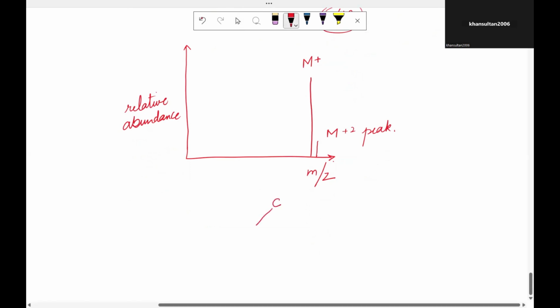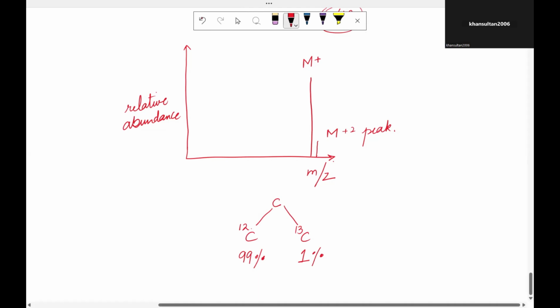You can see that one carbon has a peak of 12. Carbon has two isotopes. So this one is 12 and the other one is C13. Remember, this one is present in the maximum amount, that is 99%, and this one is only present in 1% amount.